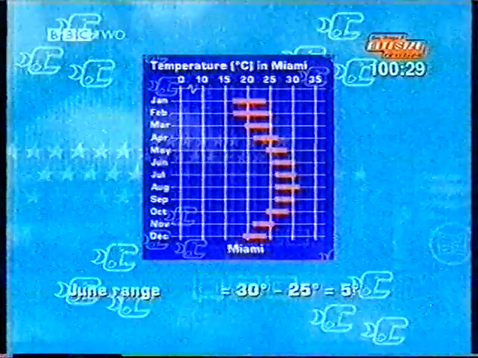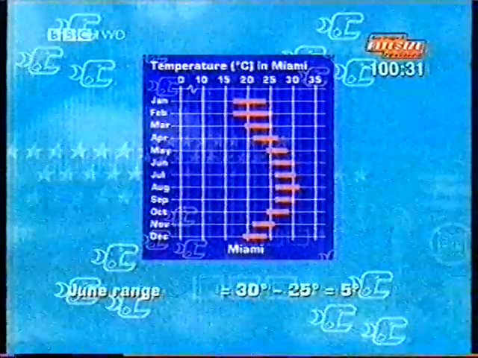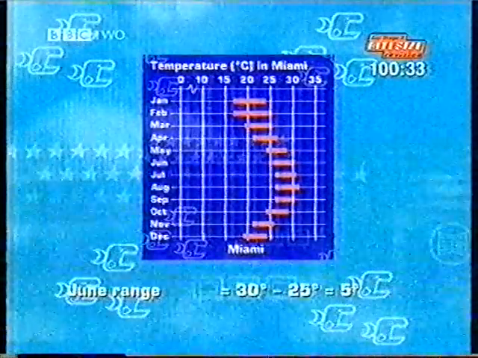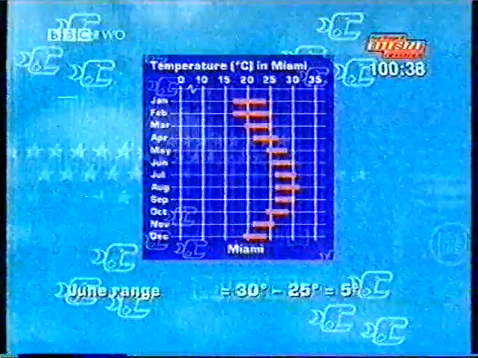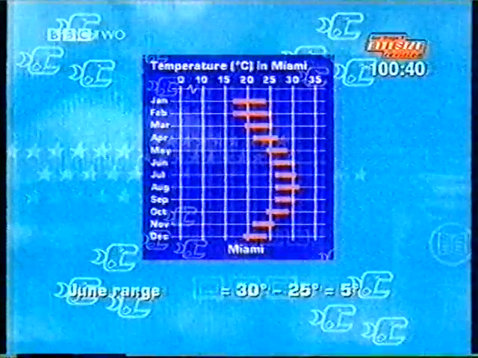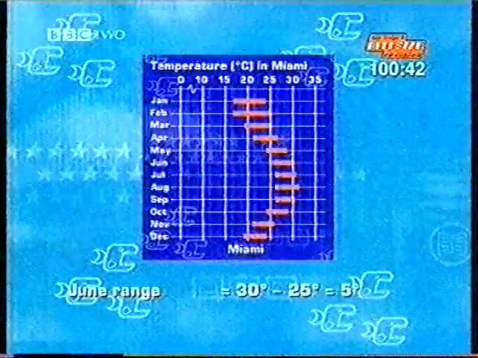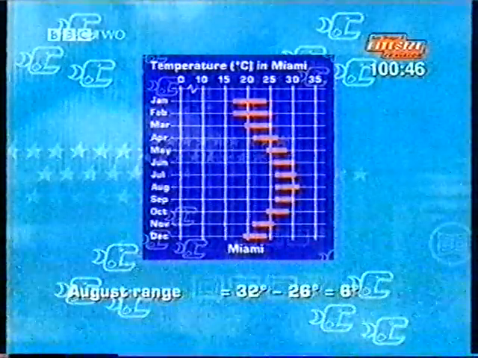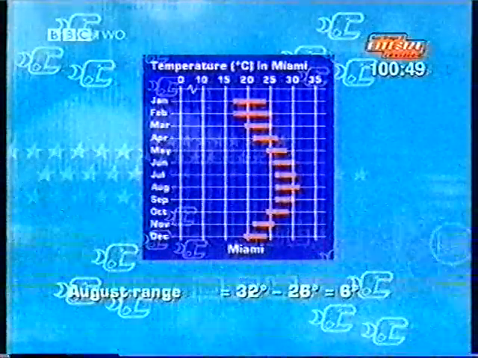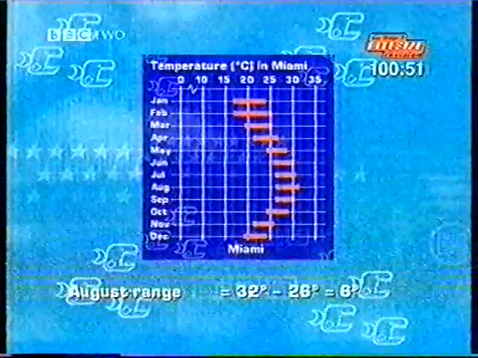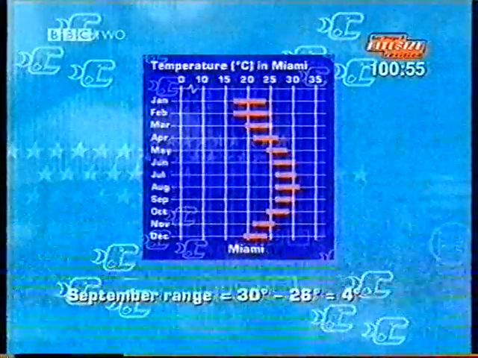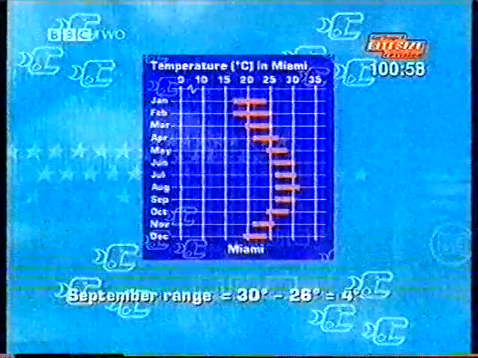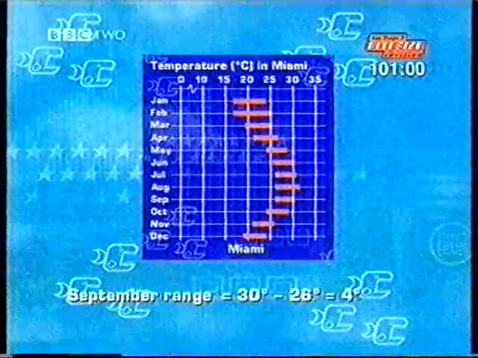In June, the temperature ranges from 25 to 30 degrees. So that's a range of 30 subtract 25, which is also 5 degrees. We were told that July has a temperature range of 5 degrees, so let's move on to August. In August, the temperature ranges from 26 to 32 degrees. So that's a range of 6 degrees. We have already worked out that September had the smallest range of 4 degrees, so let's move on to October.